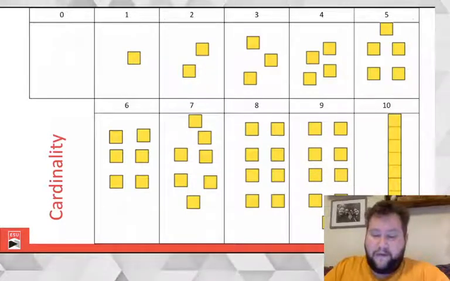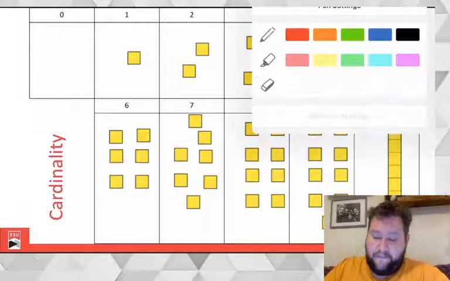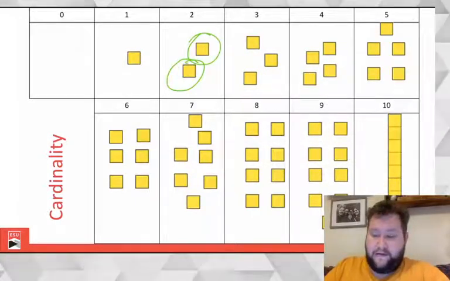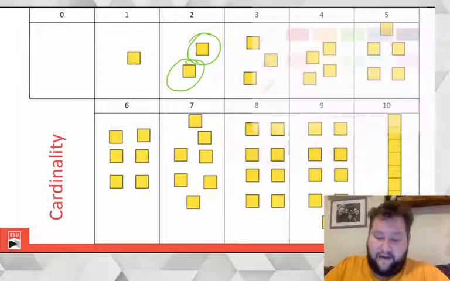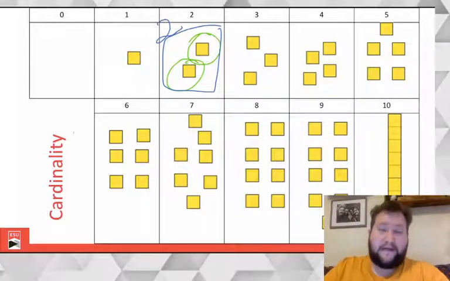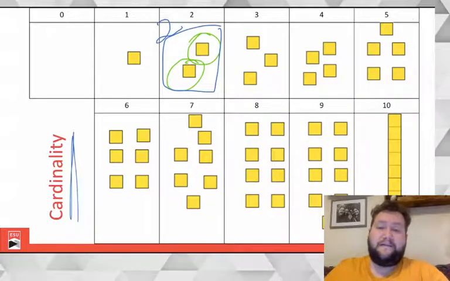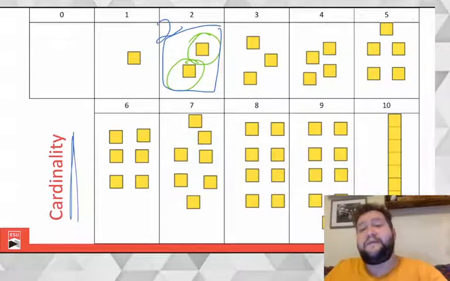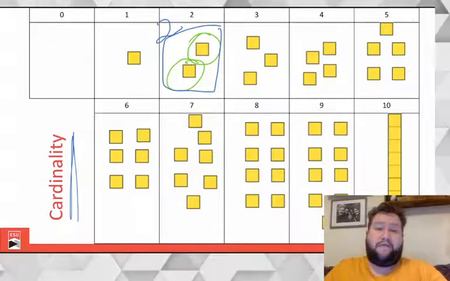So being able to look at this and say there's 2 of these objects, which means that together this is 2, is called cardinality. And so cardinality isn't something that we're born with. We may not remember when we learned it, but it's something that all children learn in their early elementary grades.